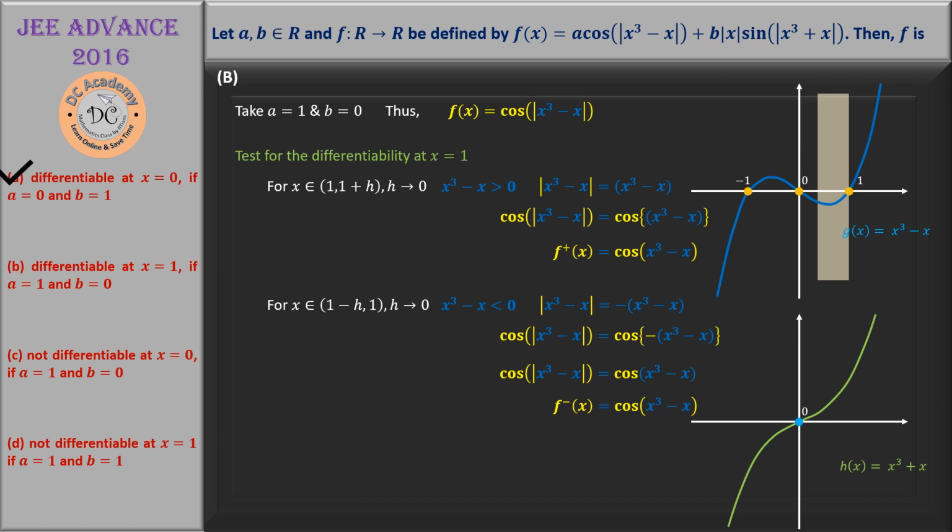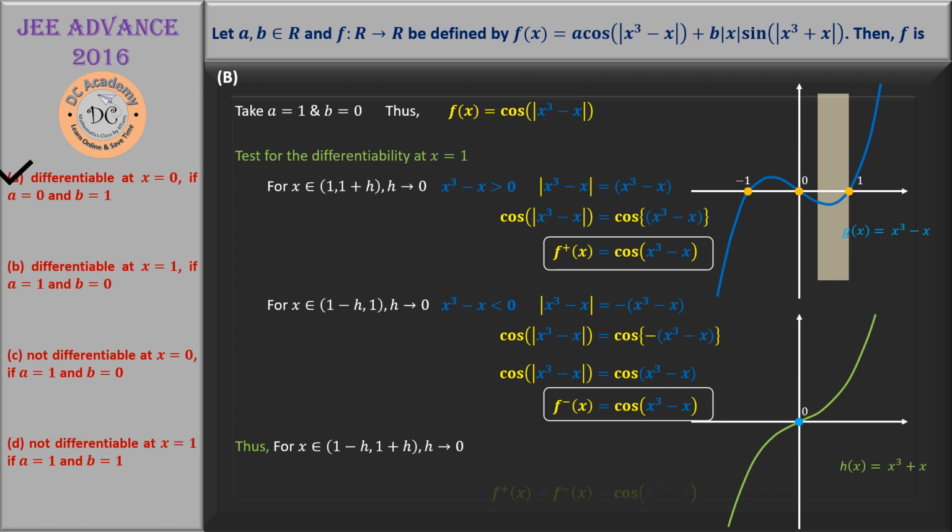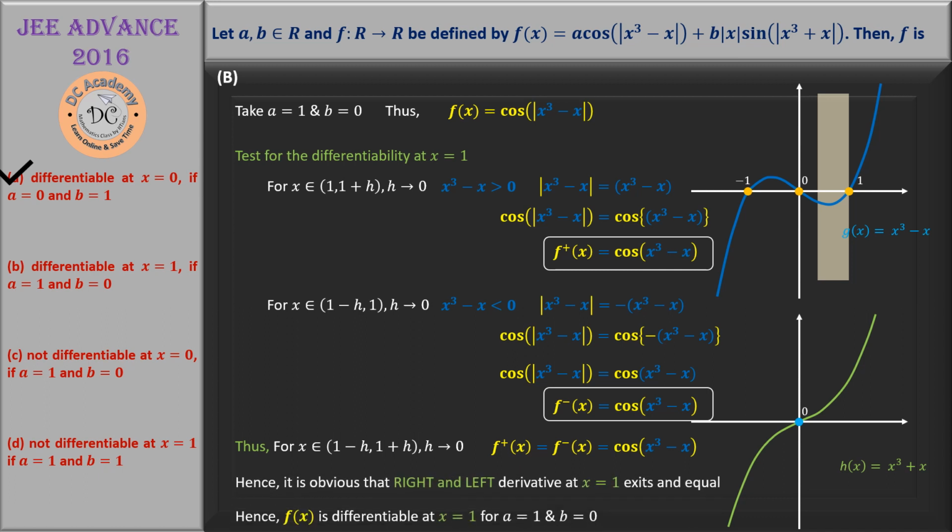So for this case, we notice that in the neighborhood of 1, f plus of x and f minus of x are equal. As they are equal, we can say that the function is differentiable, because left and right limits must be equal for f(x) at 1, for a equal to 1 and b equal to 0, and that's why option B is also correct for this case.